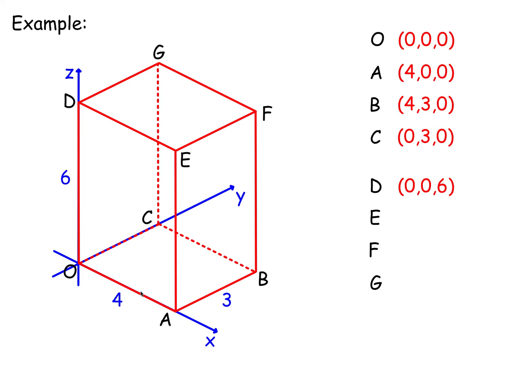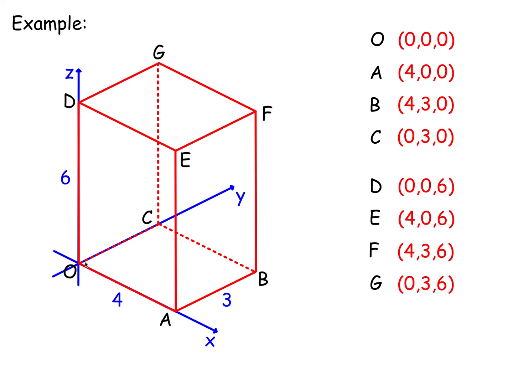So that was 4 along, 0 in, and 6 up. So that's 4, 0, 6. And for F, 4 on the x, 3 on the y, and 6 on the z, 4, 3, 6. And for G, 0 on the x direction, 3 in the y direction, and 6 in the z direction, 0, 3, 6.